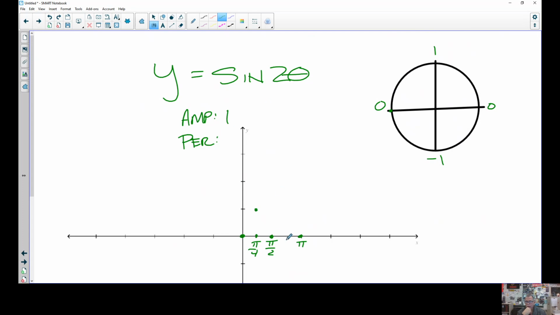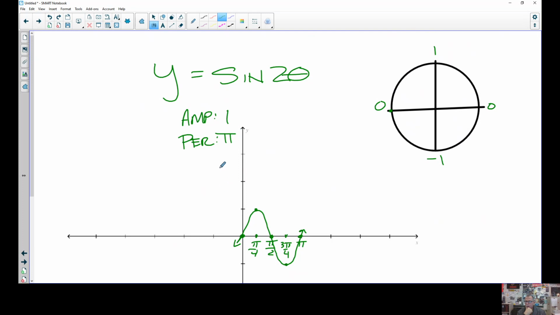And I would need to be at 3 pi over 4 to get twice 3 pi over 4, 6 pi over 4, or 3 pi over 2. So that's where I get my negative 1. So we end up with a sine graph that has one full period, one full cycle in pi radians. So what happened to the period? The period became pi.